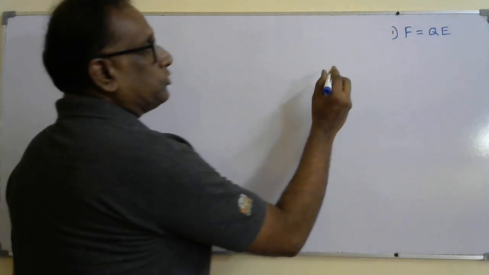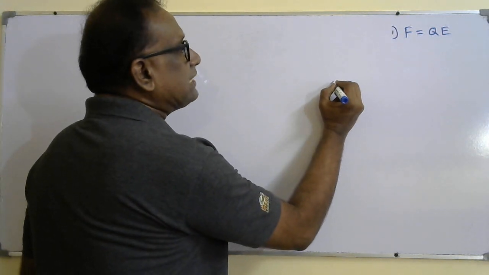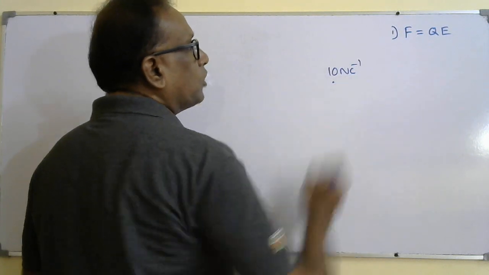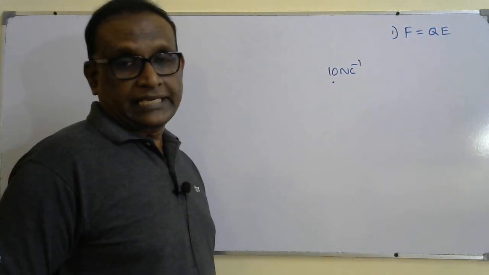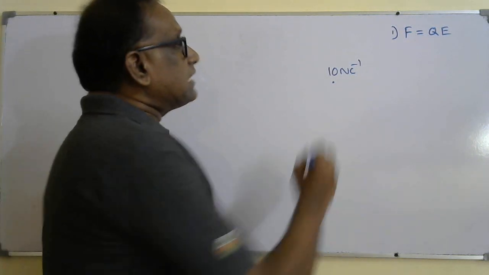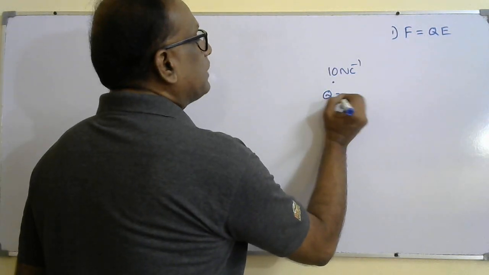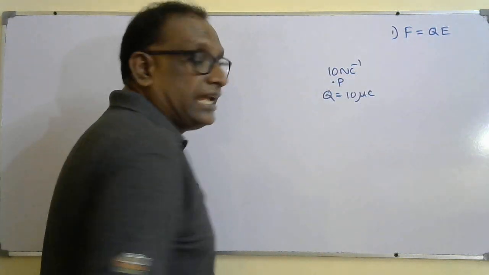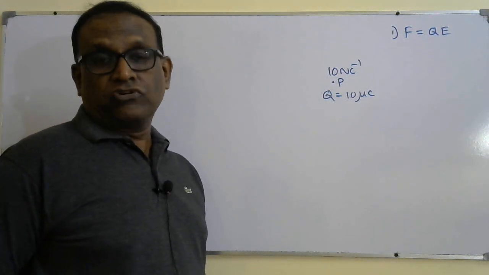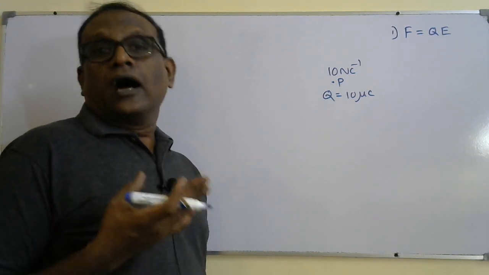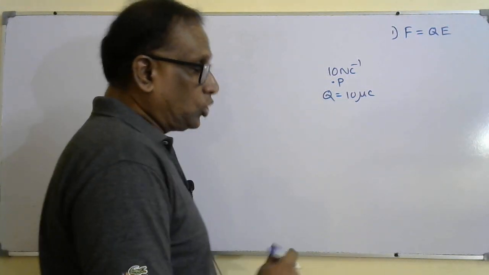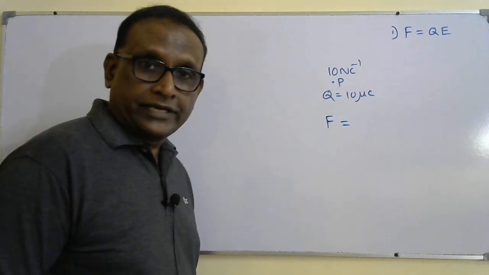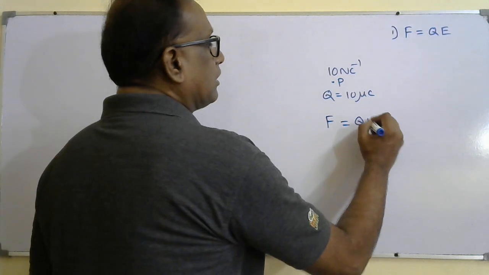In a space, if you know the electric field strength at a point, which is, for example, 10 Newton per Coulomb, and if you keep a charge of, for example, 10 microcoulomb at that point P, and they ask what is the electrostatic force acting on that point charge of 10 microcoulomb, then you can find it by using F equal QE.